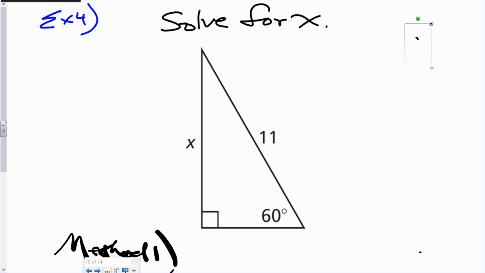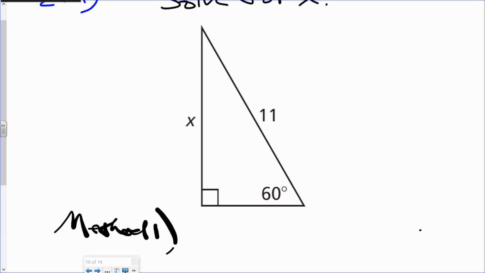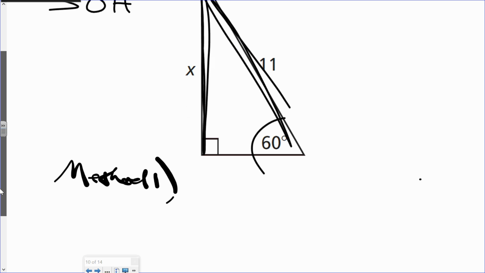All right, here we go. Method 1. Let's go classic. Use sine, huh? Nice. Your 60. Opposite is x, hypotenuse is 11. So opposite over hypotenuse, that's the SO in SOHCAHTOA. So let's go sine of 60.